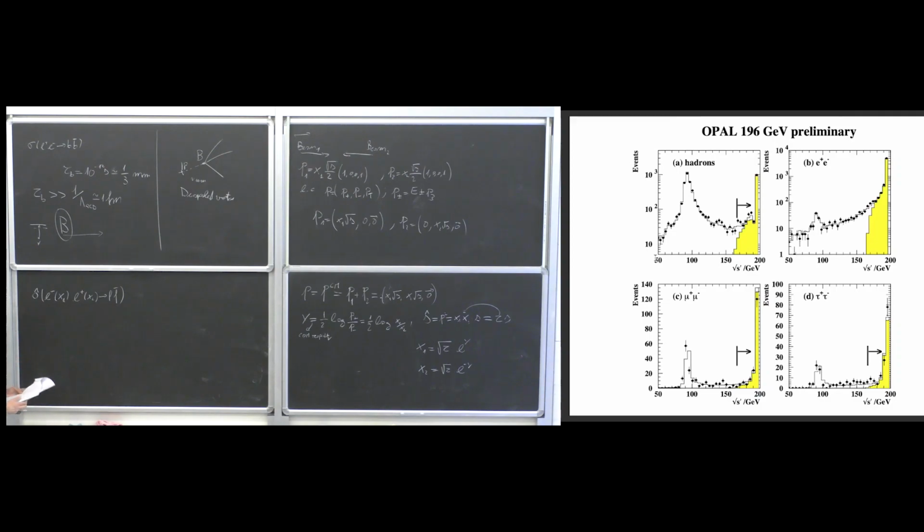Previously we only computed the cross-section for x1 and x2 equal to 1, but it's very easy to obtain the new cross-section because we are in the limit where all these particles are massless, so the cross-section is perfectly boost invariant, and so first we can write that sigma hat is equal to sigma hat for the process E minus E plus in its center of mass frame.